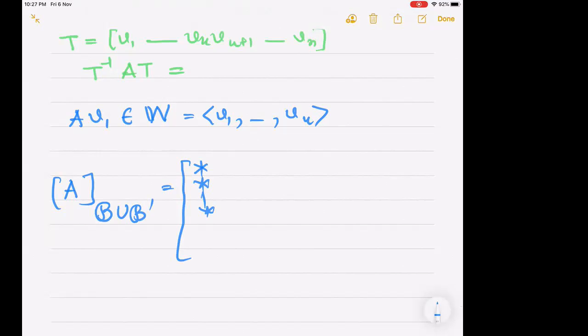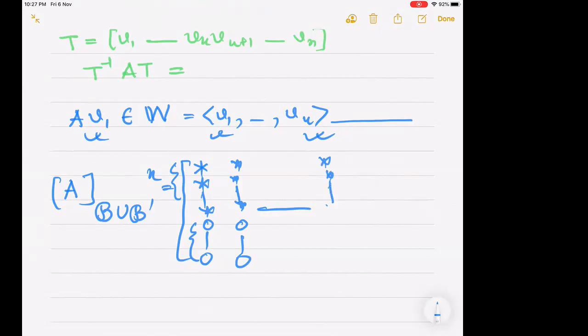The rest of them will be zero because these would correspond to coefficients for the linear combination involving vk+1 up to vn. Those vectors are not required because it's in the span of this itself, right? And the same is going to be true for A v2, only up to k, and the rest will be 0. And this same trend will continue till k columns, that is v1 up to vk, and these will be zeros.